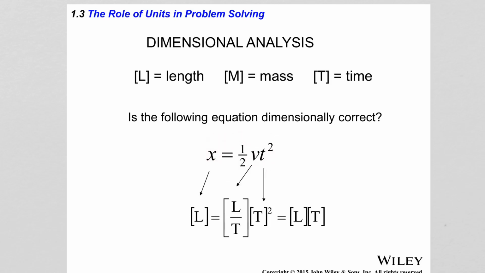Because if it were accurate, the dimensions on the left side would be equal to the dimensions on the right side. So they are not accurate.